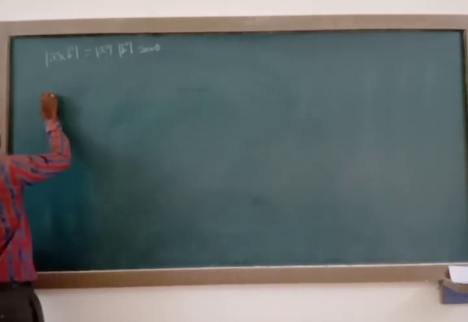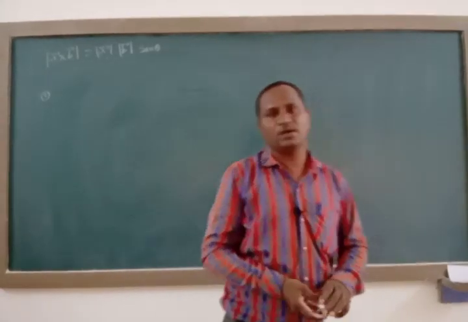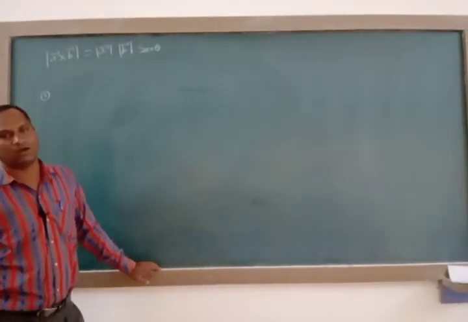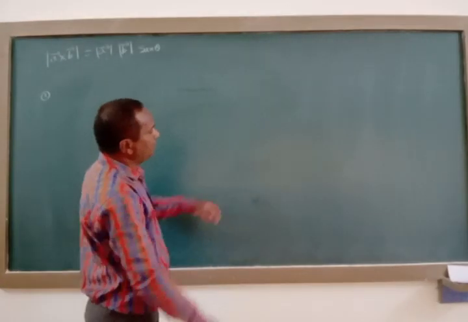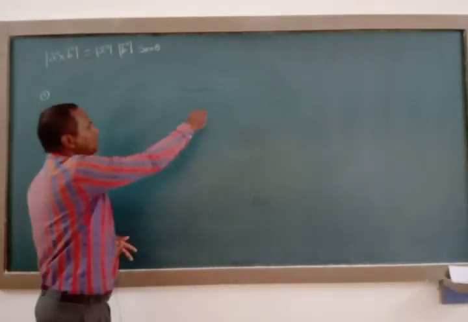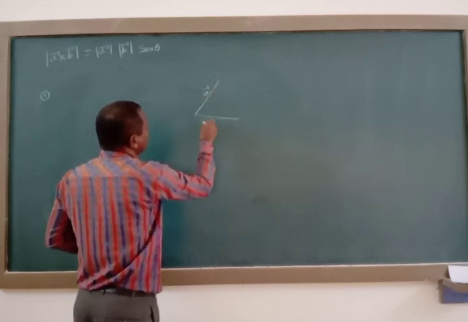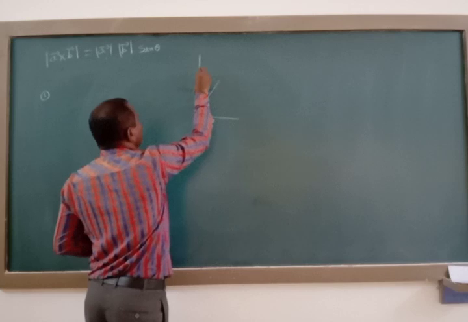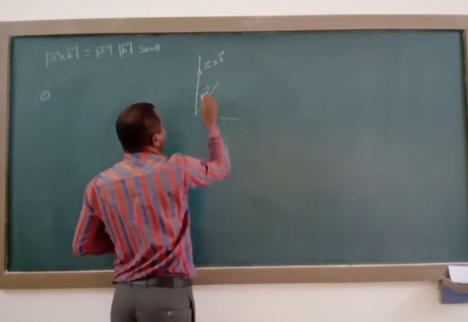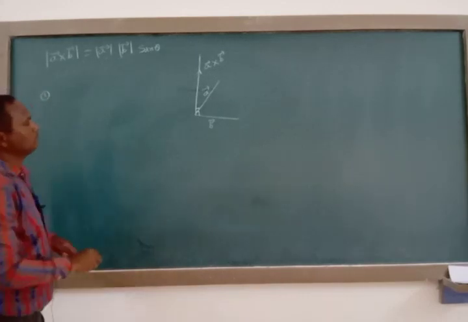Number 1: clearly, the vector product of two vectors A bar and B bar, that is A bar cross B bar, is always perpendicular to A bar and B bar, because just now I showed diagrammatically that the cross product of those two vectors is always perpendicular to both vectors A bar and B bar. That is the first point among all the conditions of cross product or vector product. It is always perpendicular to both vectors.